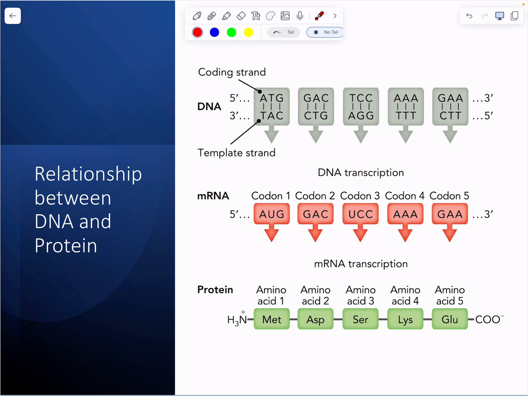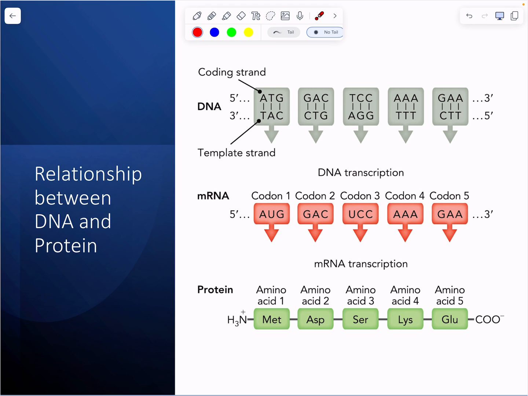So let's talk just briefly about how DNA and RNA and the final protein sequence are related. You've seen this, I'm sure, in biology classes, even if you just took one in high school.